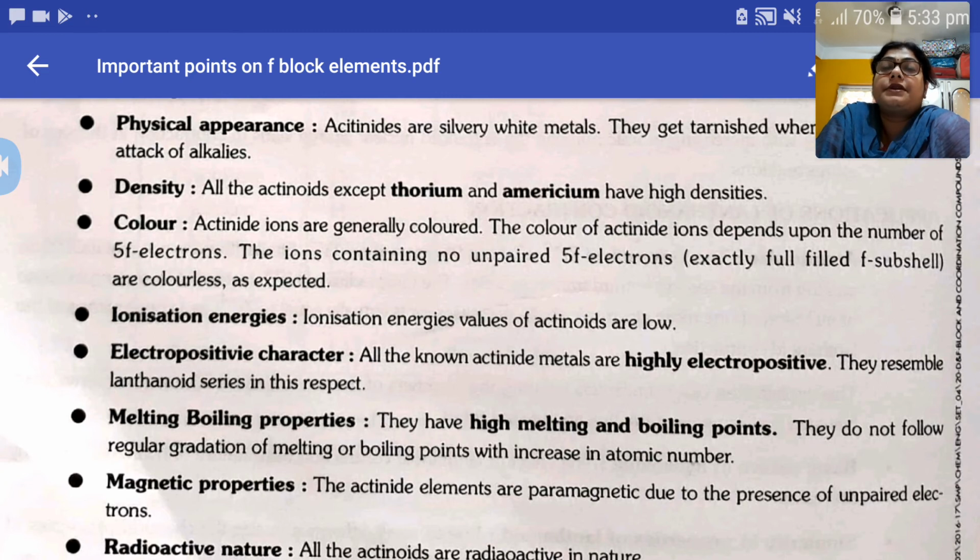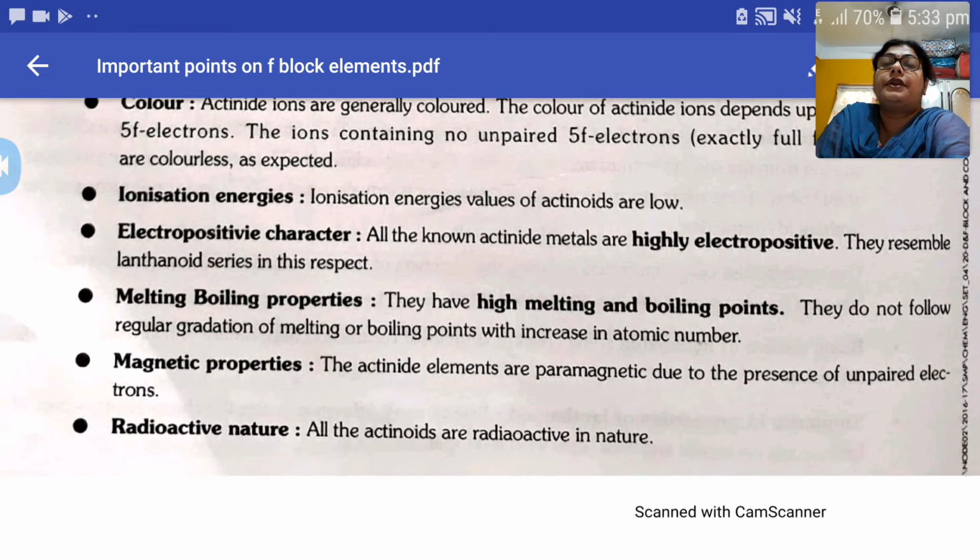Then magnetic properties: the actinide elements are paramagnetic due to the presence of unpaired electrons. Radioactive nature: all the actinoids are radioactive in nature. So when we learn the properties of the lanthanoids and actinoids, we can easily sort out some common differences as well as some common points between them.